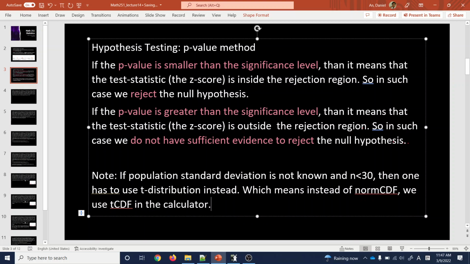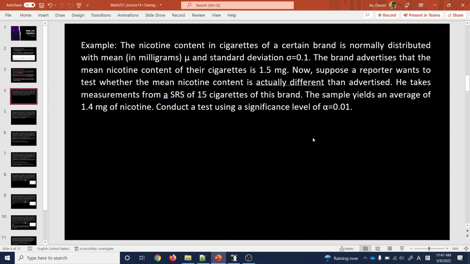Okay, so I think we'll have an example like this, right? Actually, this one you have to use the t distribution. All right. Example: the nicotine content in cigarettes of a certain brand is normally distributed with mean in milligrams mu and standard deviation 0.1. The brand advertises that the mean nicotine content of their cigarettes is 1.5 milligrams.